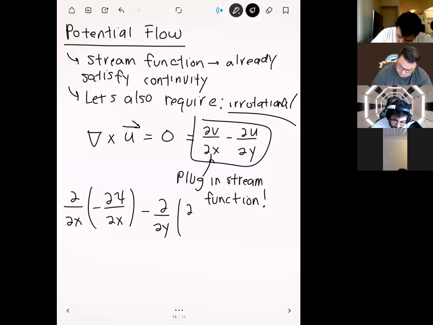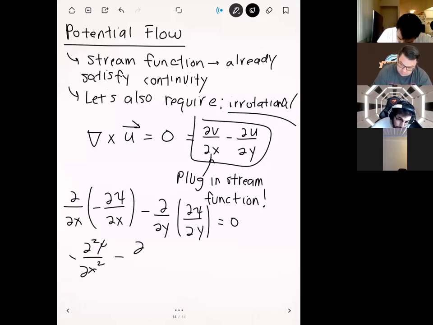So u is going to be d psi dy, sorry. And this is all equal to 0. If we perform these derivatives, then we get minus d squared psi dx squared minus d squared psi dy squared, equal to 0.